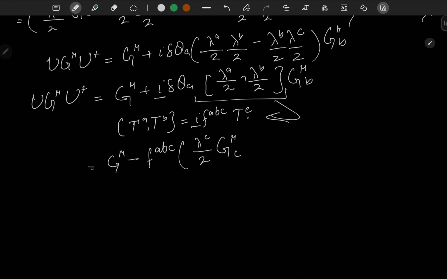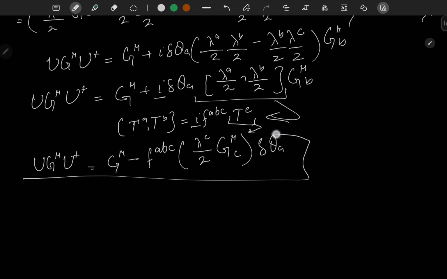So yeah, so this t's of c, and we can write this like lambda c over 2 into g mu of c in components form times delta theta a. So this right here is the u g mu into u dagger.